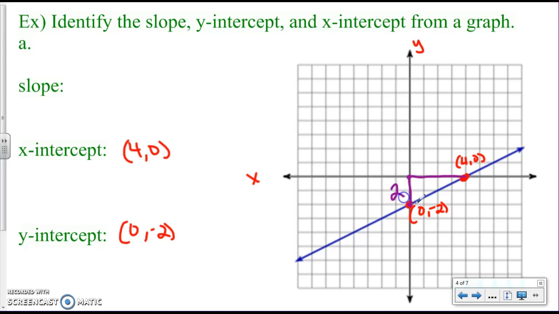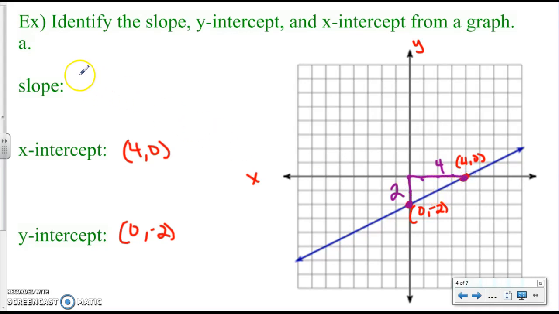So I took 2 steps up, and then I'm going to go over 1, 2, 3, 4. So I took 4 steps over. Notice when I did that, I didn't count my starting point here. So if I'm starting here, I didn't count until after I moved. That's a key there. So I counted 1, then 2, and then I counted 1, 2, 3, 4.